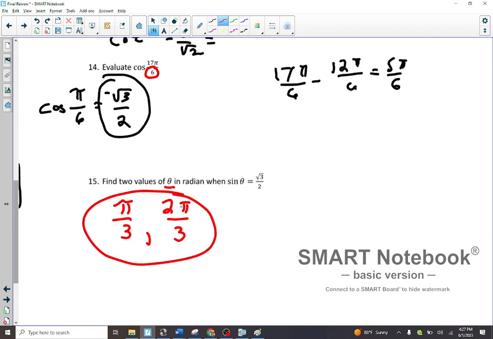Why is it in the second quadrant, or why is it 2 pi over 3? That is going to be 120 degrees. You could do pi minus pi over 3. Or you could think of it as 180 minus 60 would be 120.